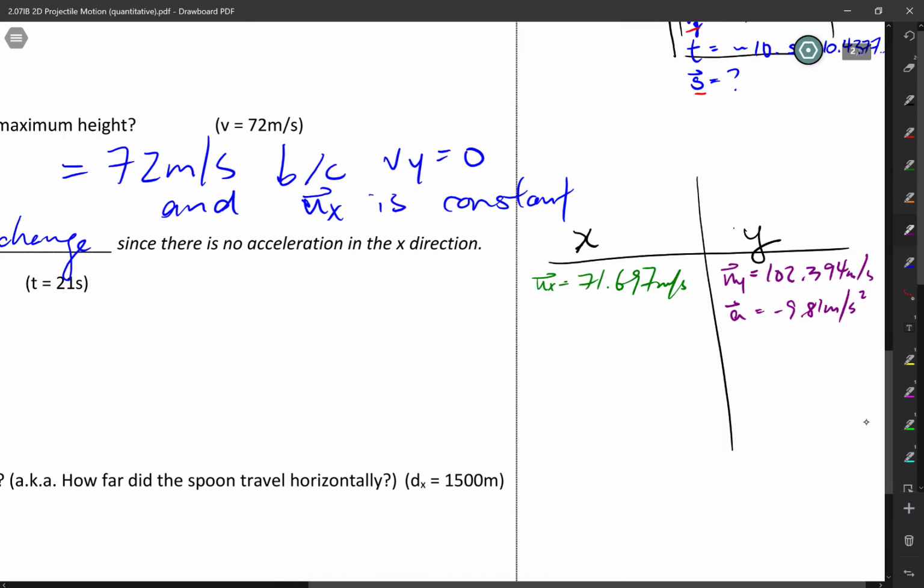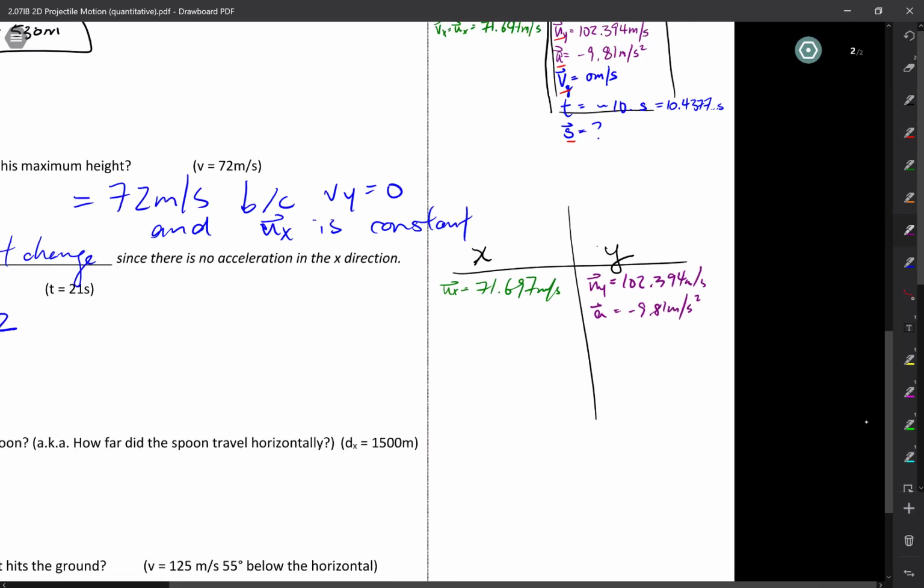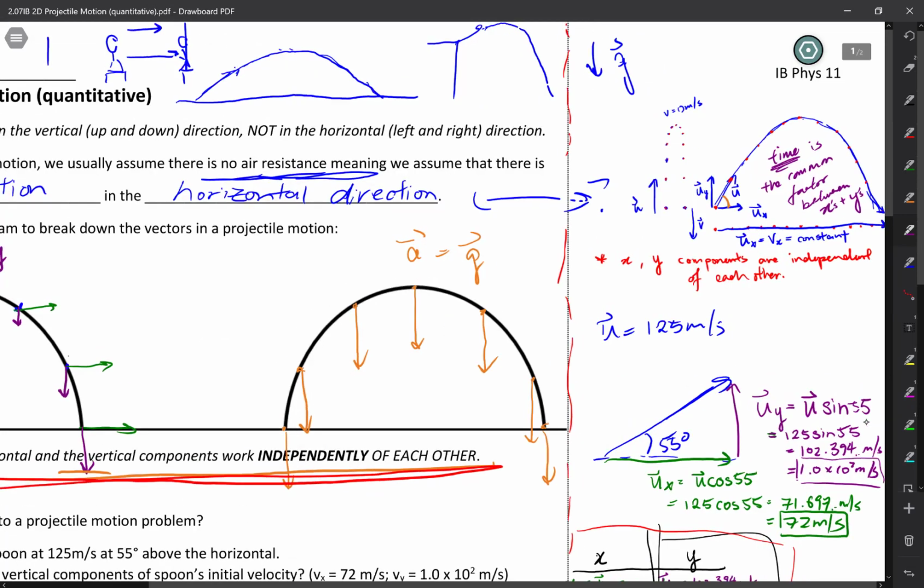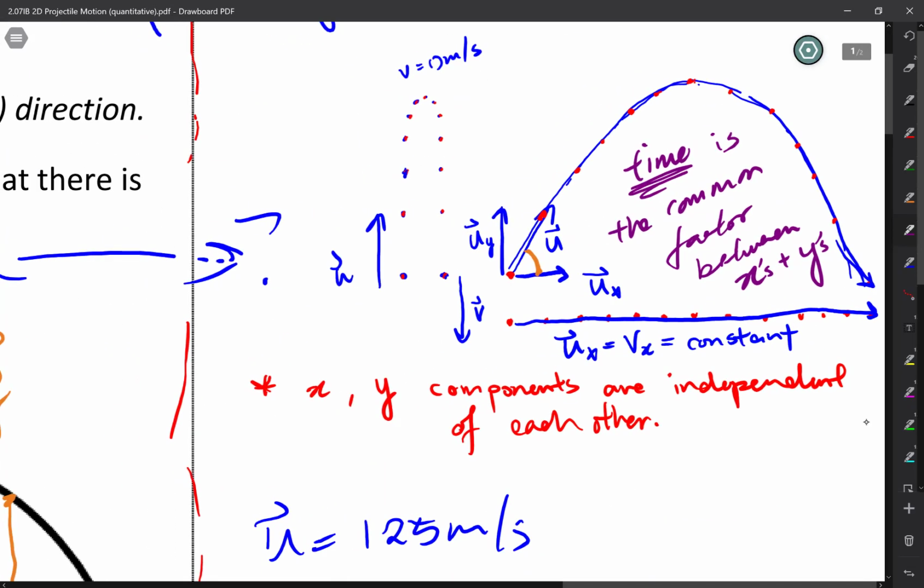Now there's a few other things we can record down here as well. If we go back to our 2D projectile motion picture, there's a few other things we know.